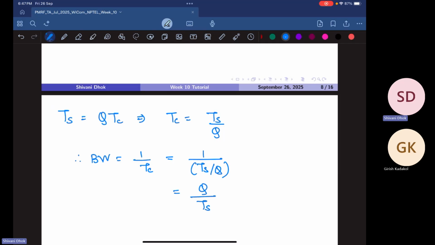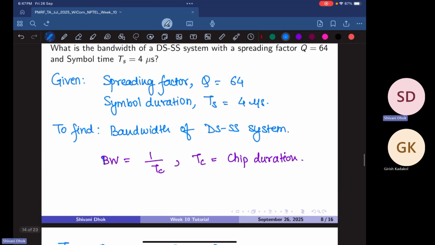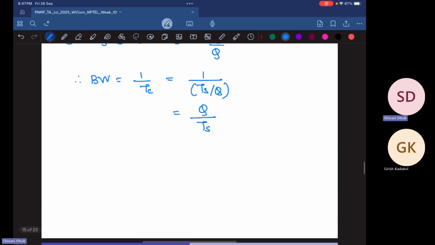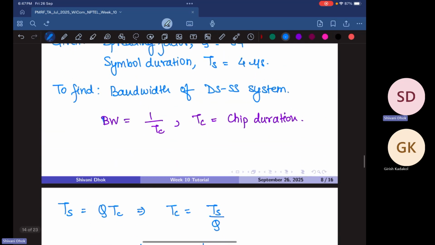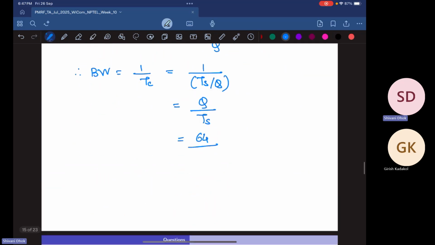which is equal to Q by Ts. Now what was our Q? Q is given to us as 64 and Ts is given to us as 4 microseconds. So this comes out to be equal to 16 into 10 raised to 6 hertz, which is equal to 16 megahertz.